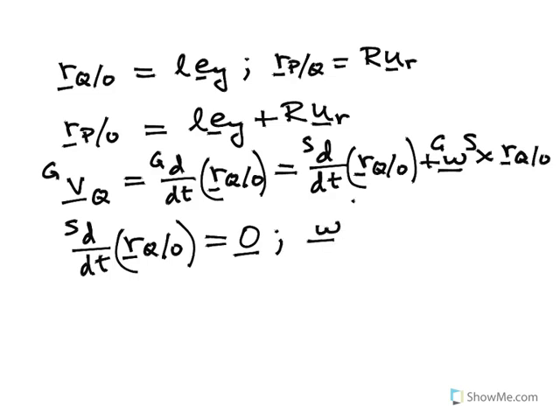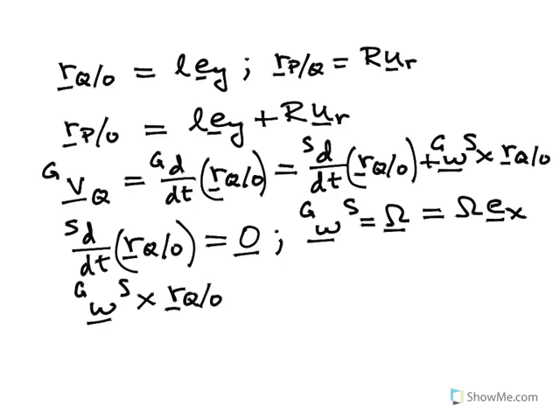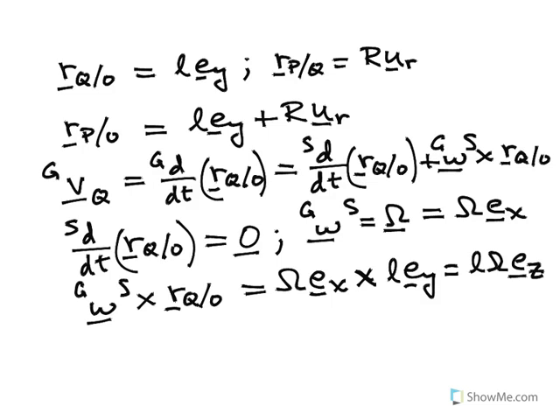The angular velocity of the shaft as viewed by an observer fixed to the ground is equal to omega, which is equal to omega EX, the way I defined EX. So therefore, the angular velocity of S in G crossed with the position of Q relative to O is equal to omega EX plus L EY, crossed with L EY, which is equal to L omega EZ.